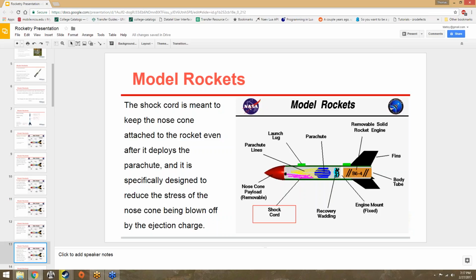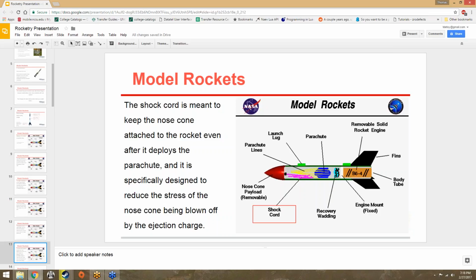The shock cord is generally some form of elastic cord that has a lot of elasticity to it. If it was like a solid string or something that had not a lot of play, there could be enough force when the nose cone is blown off that it could actually rip itself out of the inside of the rocket, or it could damage the inside of the rocket, if the string was actually affixed tightly enough.